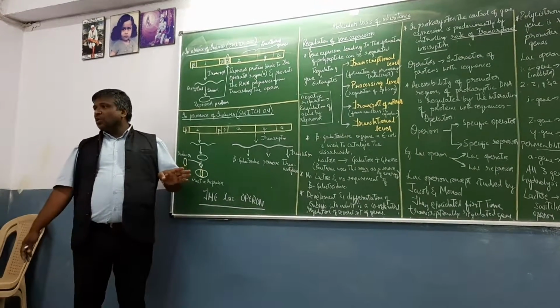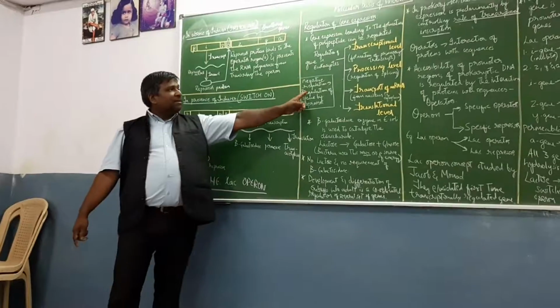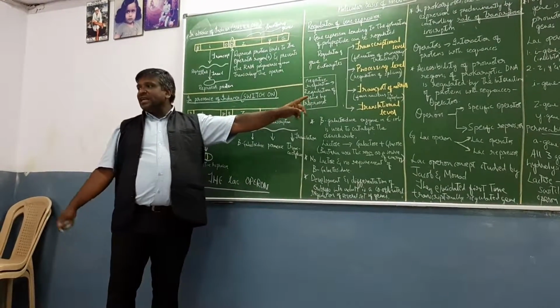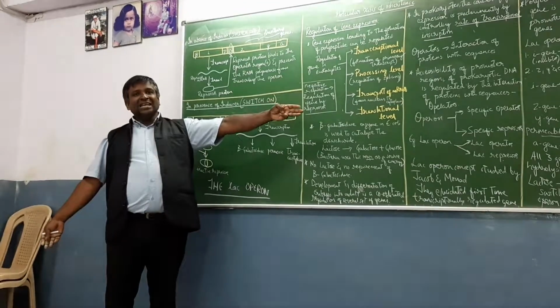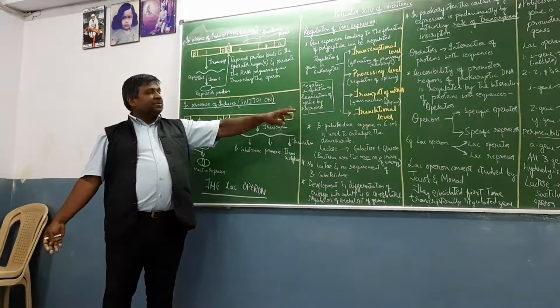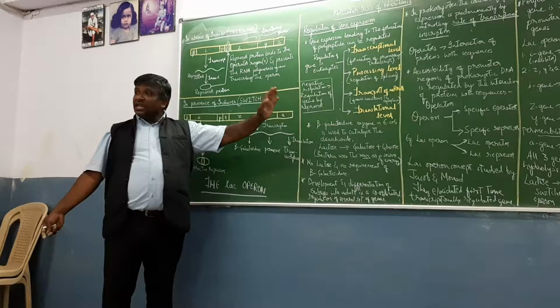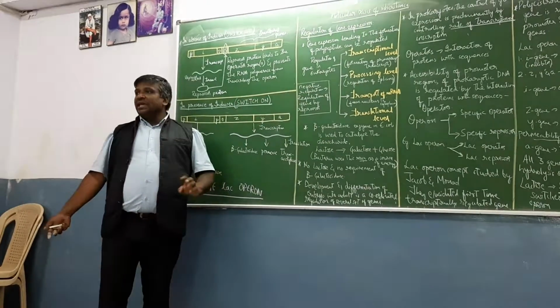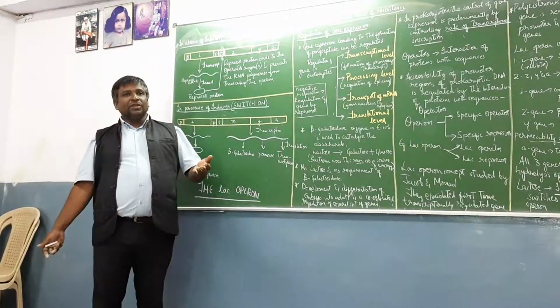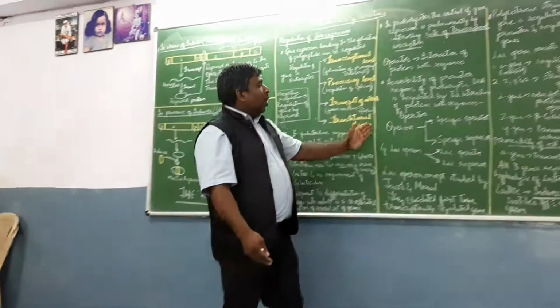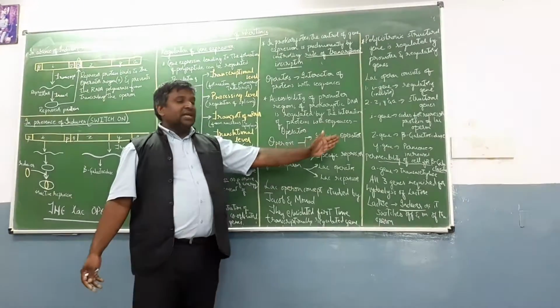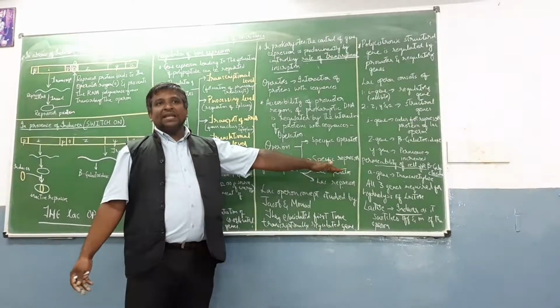Negative regulation is where the repressor is going to regulate the synthesis of those three enzymes by transcription and translation. But positive regulation, other than studies, you have to just study about negative regulation, which I have discussed. Operon has a specific operator and specific repressor.